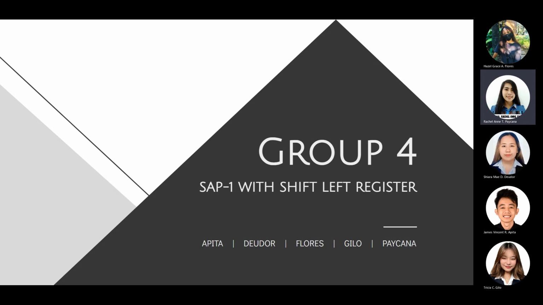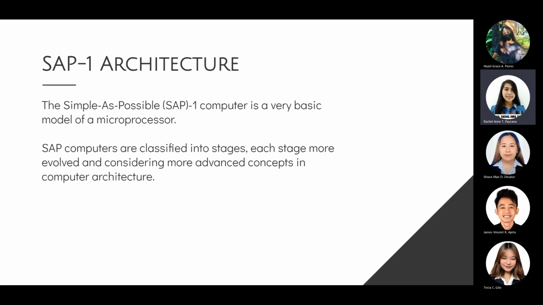First, let's talk about SAP1 architecture. Generally speaking, Simple-As-Possible computers were created to expose newcomers to some of the fundamental concepts that underlie computer operations. Each step of the SAP computers is more developed and takes advanced computer architecture principles into account than the one before it.